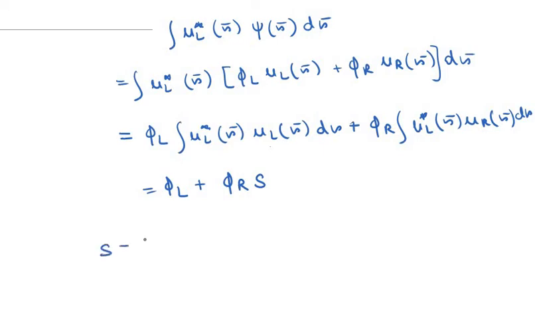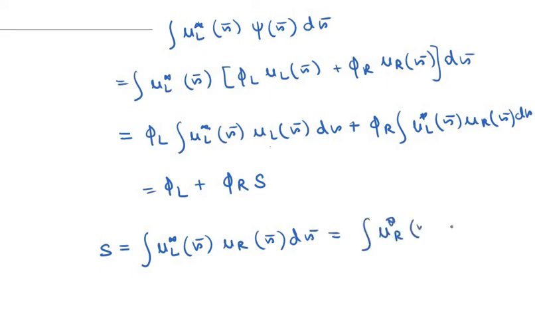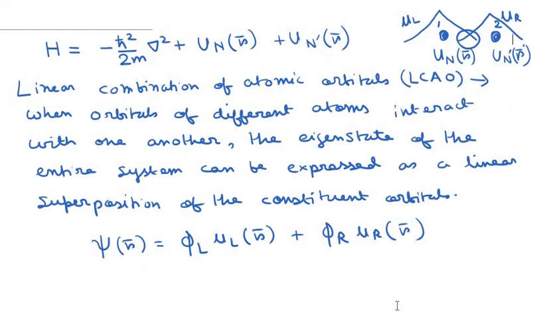So s is nothing but s is equal to integral of ul star r ur r dr, which is equal to integral of ur r star ul r dr. Now why these two should be equal, this can be understood intuitively, because if I flip the system around the midpoint, so this is the axis and the system is symmetrical about this axis to the right and to the left.